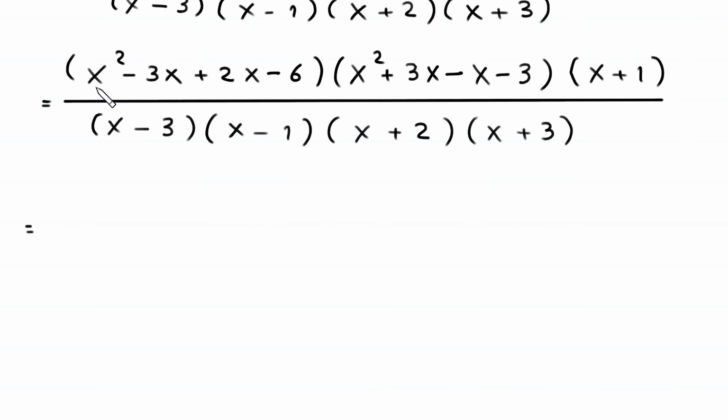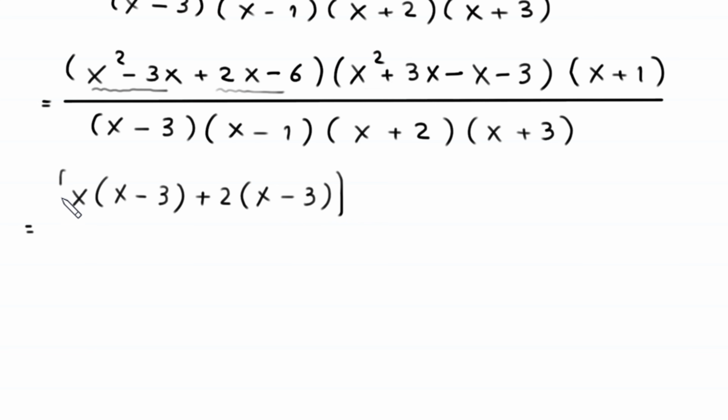Next, from these two terms x squared minus 3x we can factor out x, in bracket left x minus 3. And from these two terms 2x minus 6, we can factor out plus 2, in bracket left x minus 3. Times from these two terms x squared plus 3x, we can factor out x, in bracket left x plus 3.